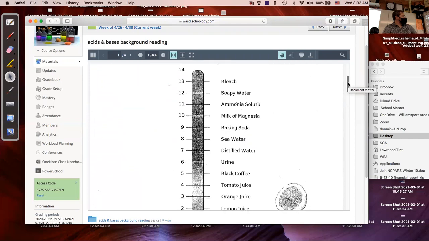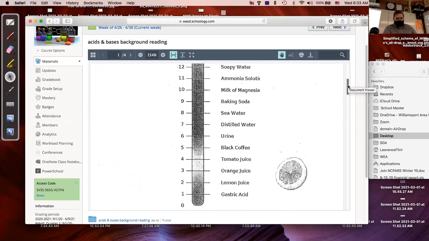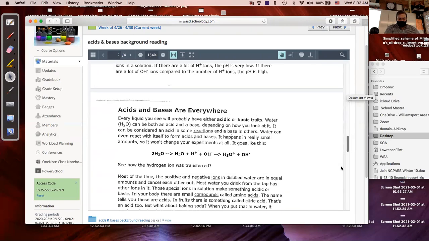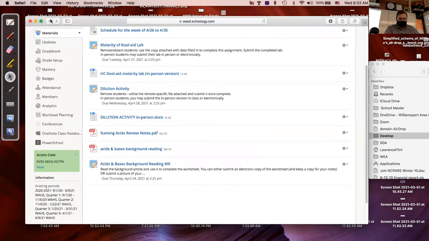We use the pH scale, which you may be somewhat familiar with, to describe how much acid or how much base is in a solution. And that's actually a logarithmic scale. I'm going to give you time to self-read that, collect your notes and organize your thoughts. So let's just go over real quick naming acids.